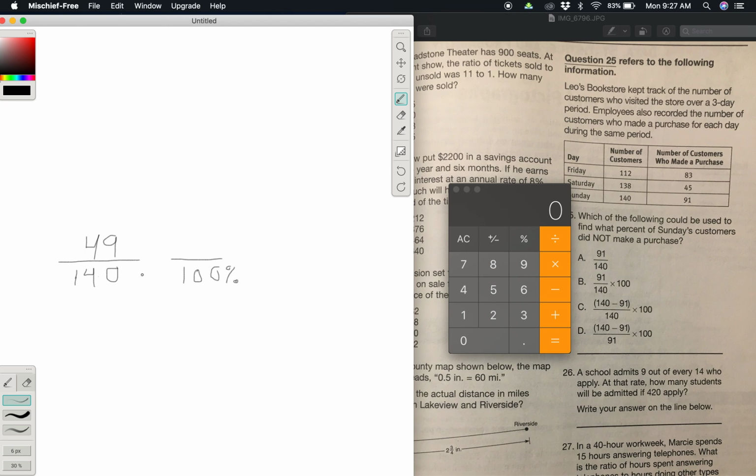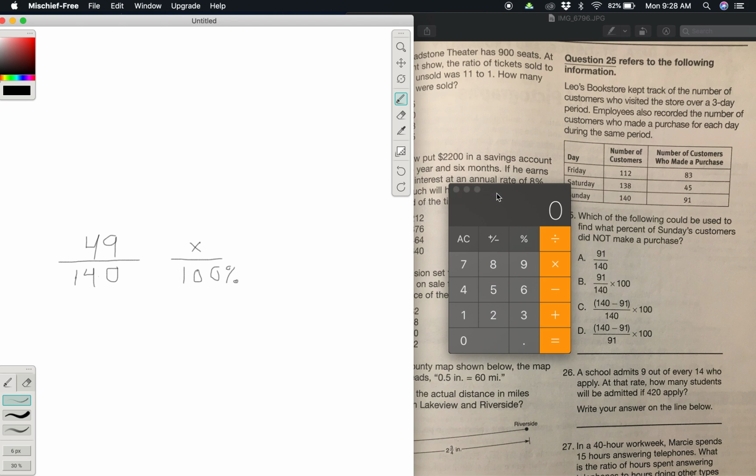Okay, so basically proportioning these, if that makes sense. Just the missing variable, so do the same exact thing, guys. With 49 times 100 divided by 140.